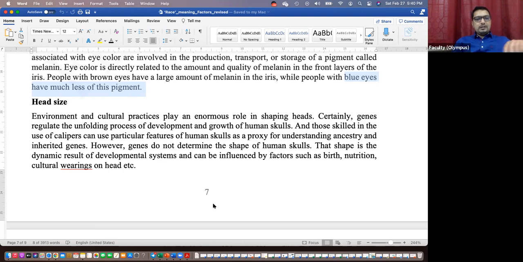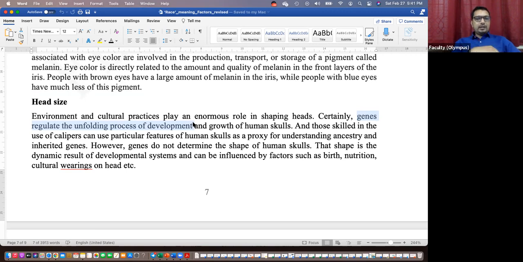But certainly there are genes that regulate this process. Certainly there are genes that regulate the unfolding process of development, or genes responsible for defining the process of development. There is no doubt about that. We should have DNA elements for that. And we have already talked about this.